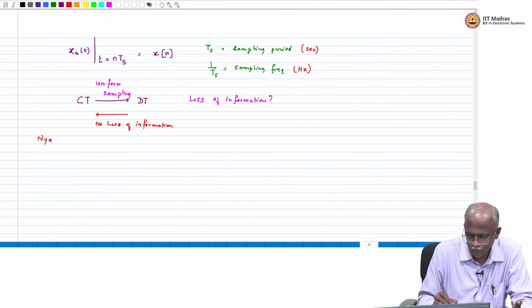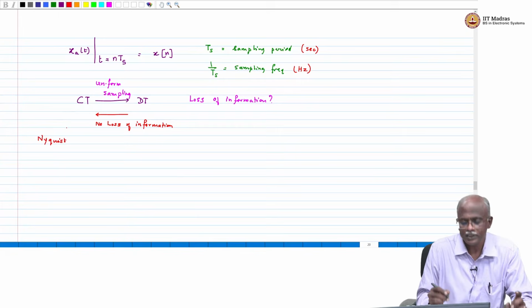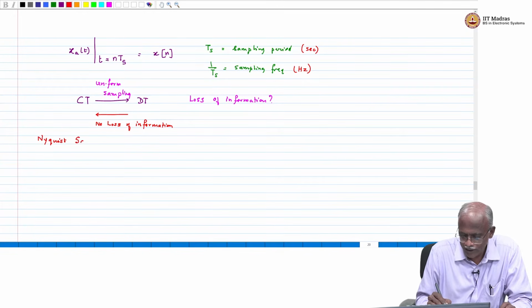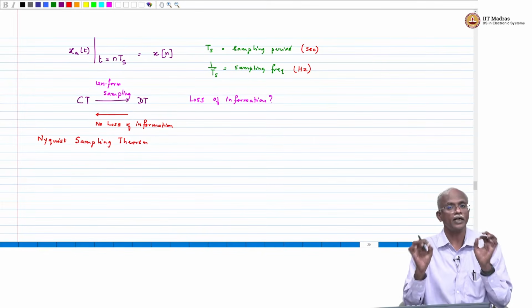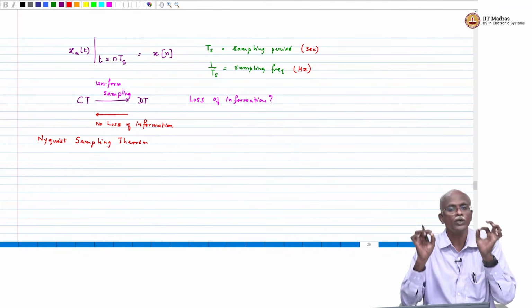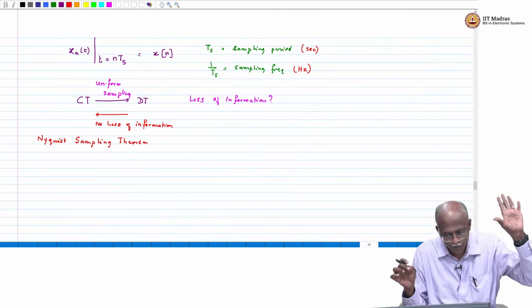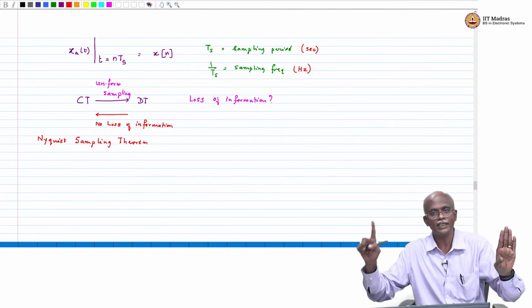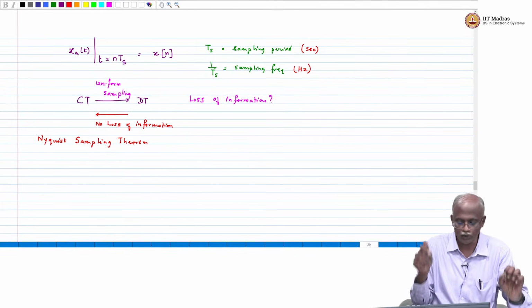We will study this in more detail, but this is something for you to be familiar with. The Nyquist sampling theorem gives you a necessary and sufficient condition to ensure that there is no loss of information. That is, if you satisfy the Nyquist sampling theorem, you can go from continuous time to discrete time and from discrete time back to continuous time.